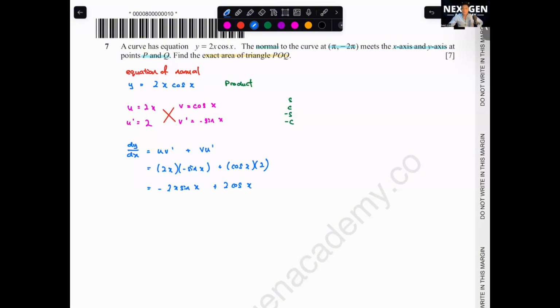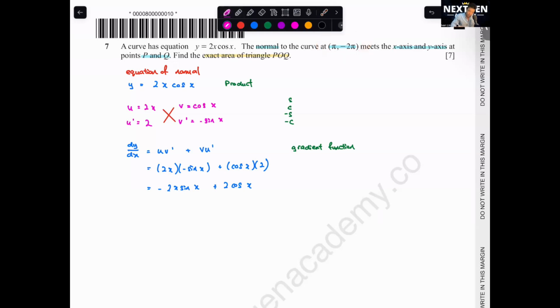Why did we find this dy over dx? dy over dx represents your gradient function. It's a function that represents gradient. Now we are going to substitute. We want to find the specific value of the gradient at this point over here.